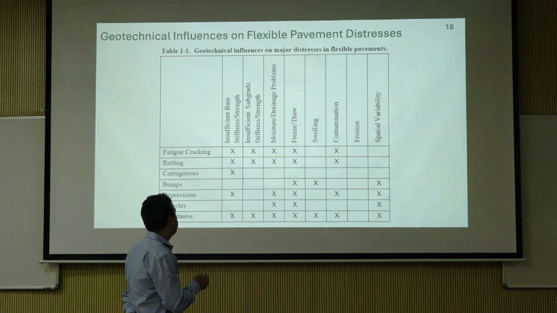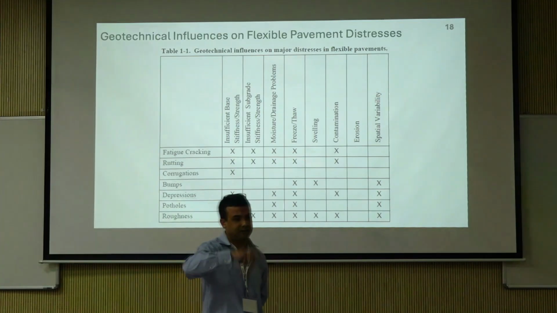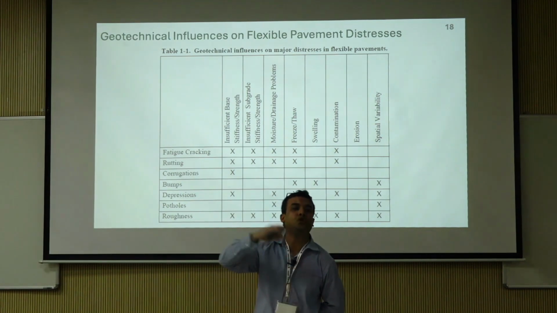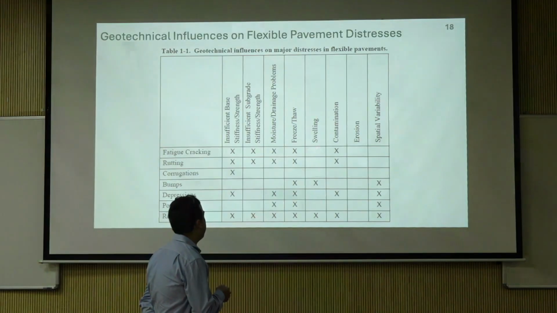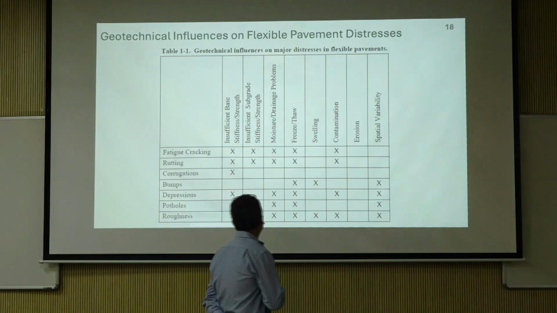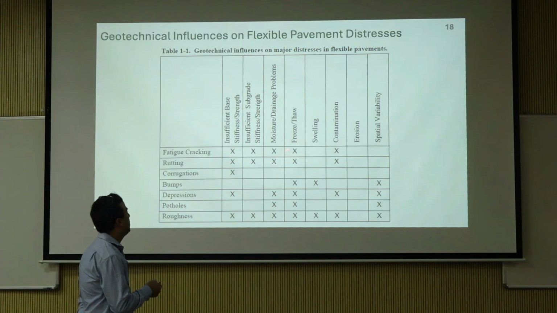Freeze thaw conditions, yes. Swelling does not do fatigue, because fatigue is a repeated application, right? Swelling probably happens once. Swelling can do shoving, swelling can do other things, but not really bumps. Contamination, erosion, no. Spatial variability, not really. Rutting, again, weak layers, moisture damage, freeze thaw.